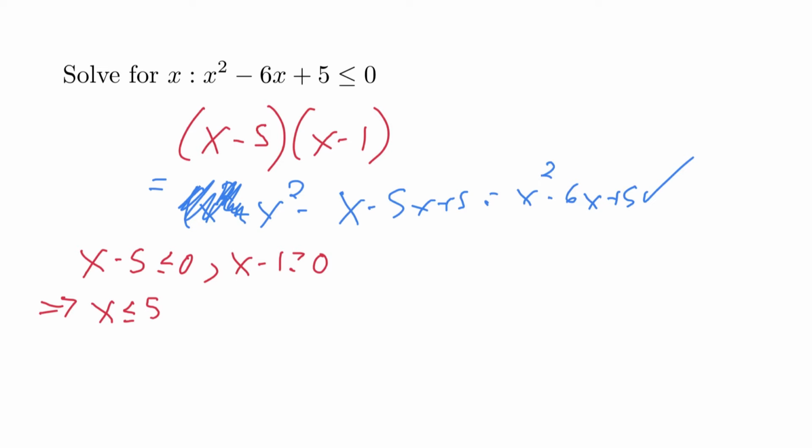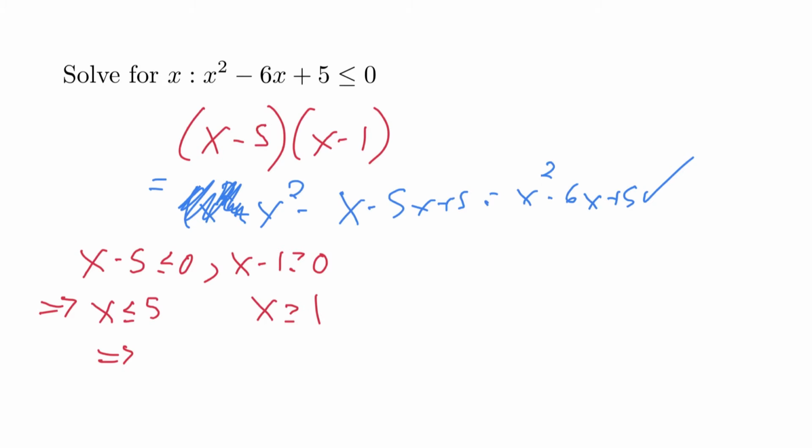And if x minus 1 is greater than or equal to 0, I need x greater than or equal to 1. So x needs to be greater than or equal to 1 and less than or equal to 5. So x is in the range 1 less than or equal to x less than or equal to 5.